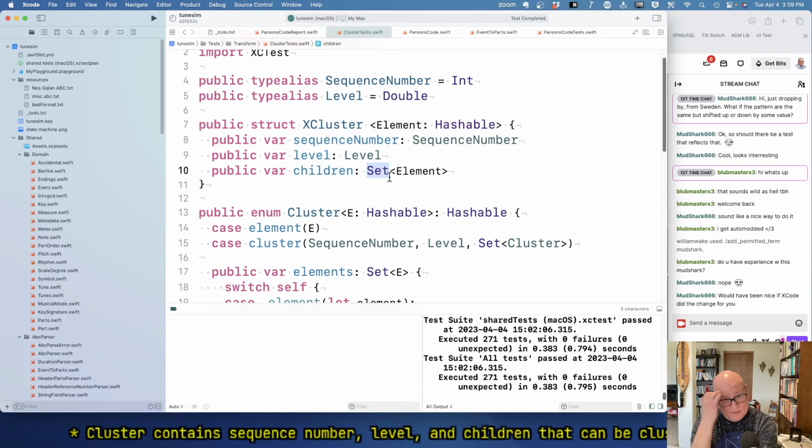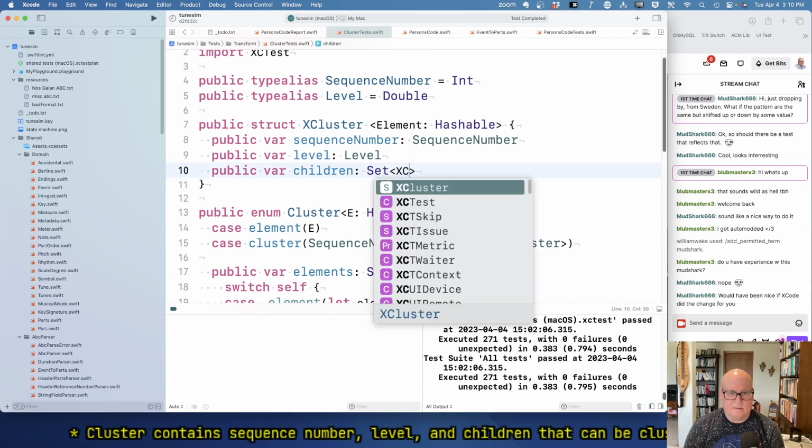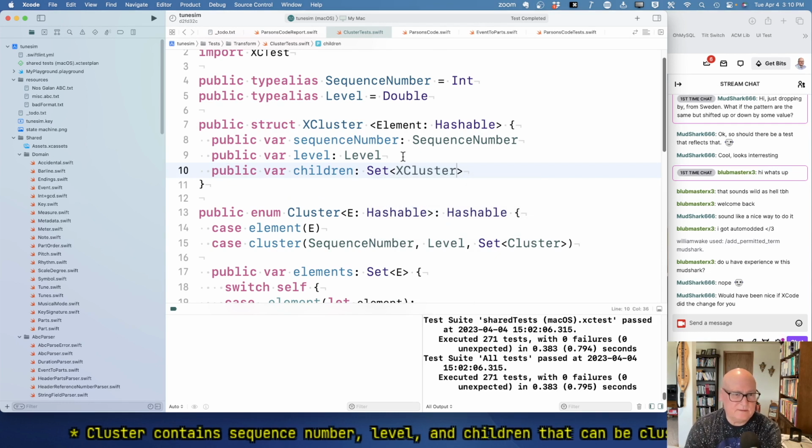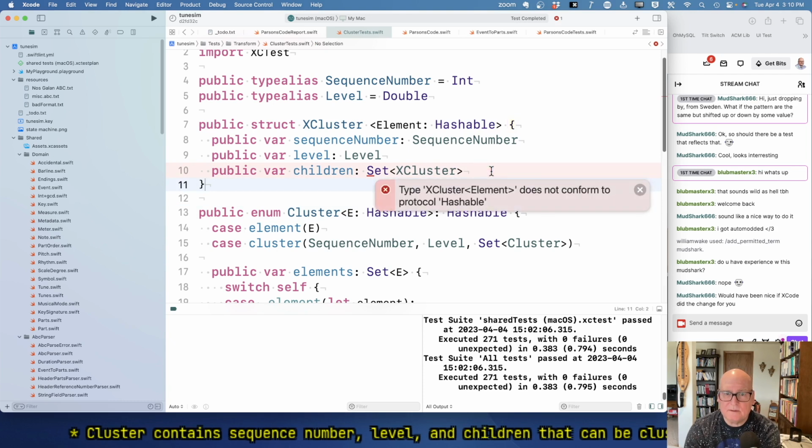Well, what would they be? Can I do set of X cluster? That'd be recursive, right? Or would it? Cluster of element does not conform.